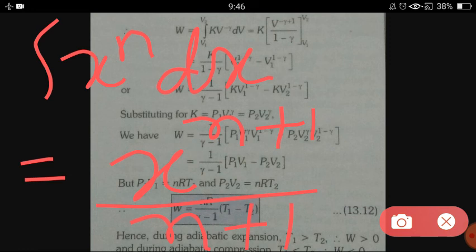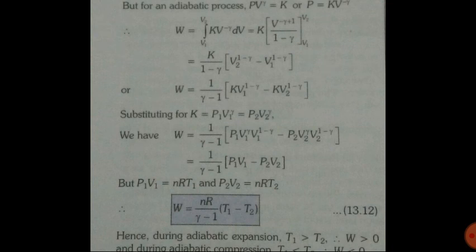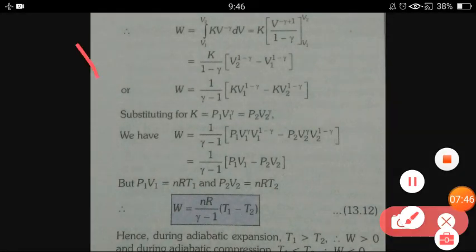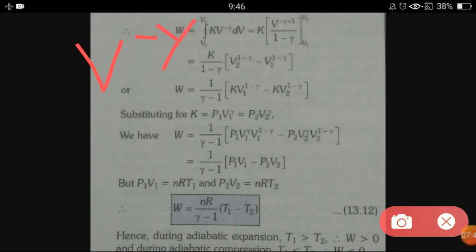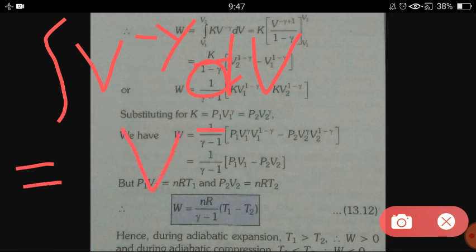Now here we are integrating V to the power minus gamma with respect to dV. So here we will get V to the power minus gamma plus 1 upon minus gamma plus 1. This is written there as 1 minus gamma in the denominator, which is also correct.